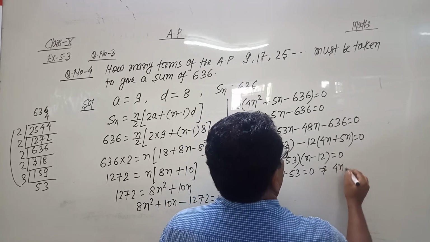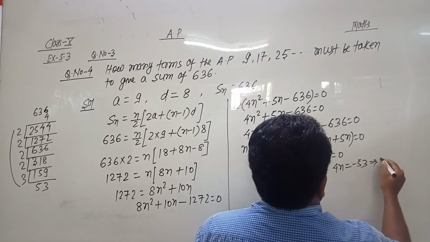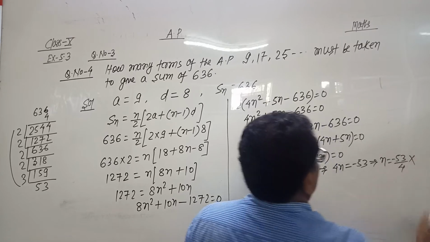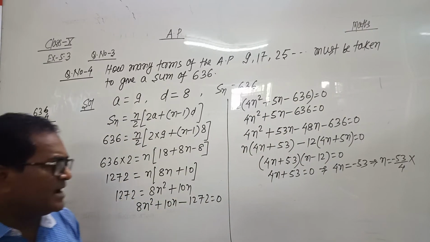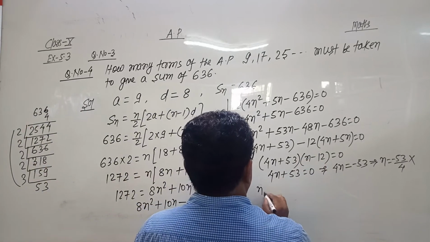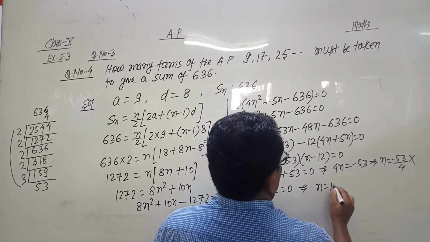This implies 4n equals minus 53 and n equals minus 53 by 4, which is not possible because the number of terms can never be negative and can never be a fraction. It means n minus 12 equals 0 and the value of n is 12.